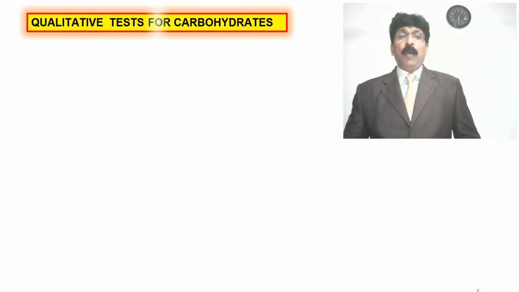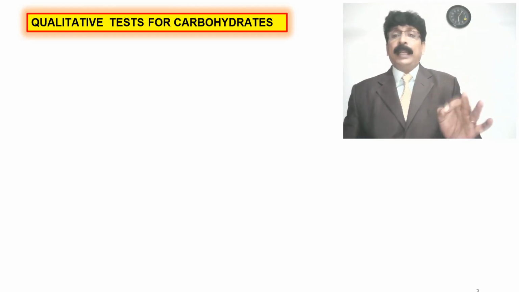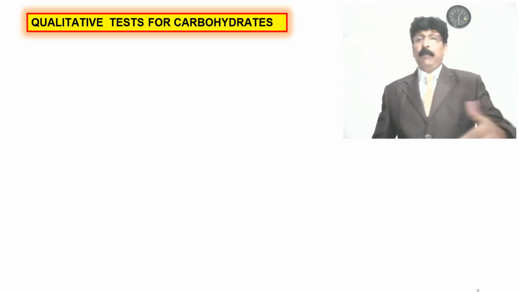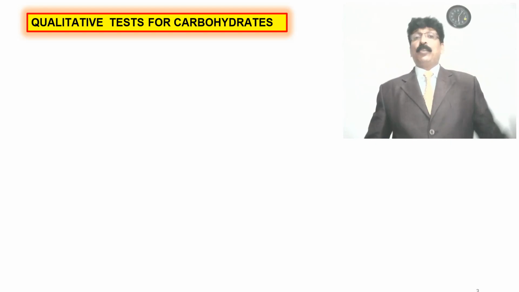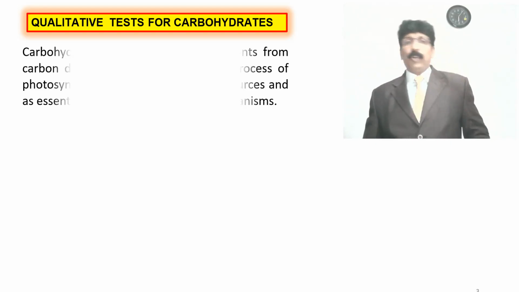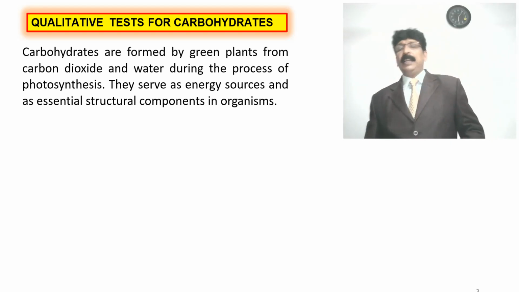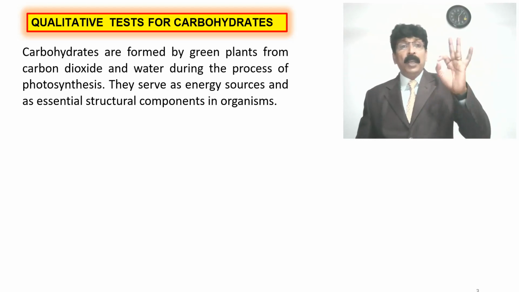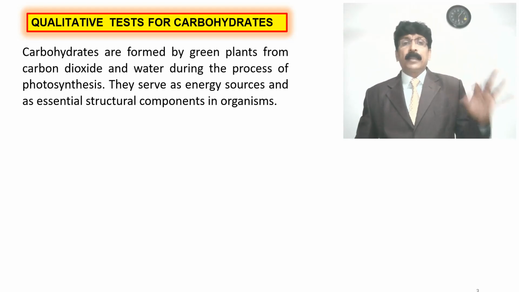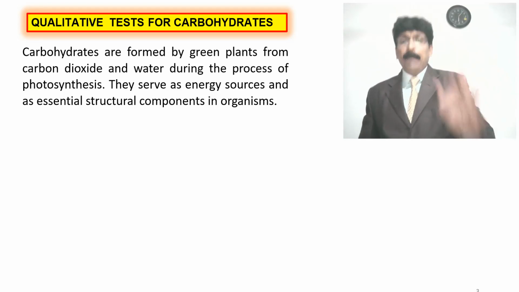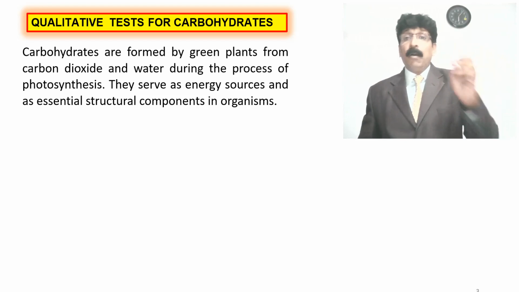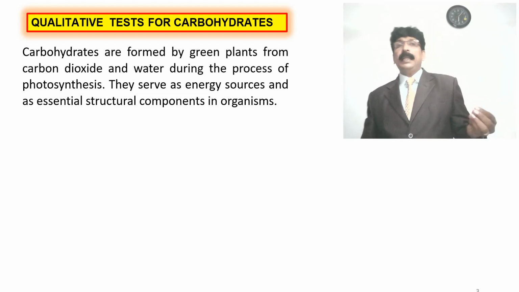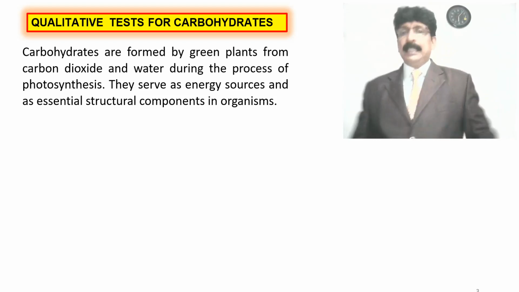Now first we will start with the qualitative test for carbohydrates. Everybody might have studied this in most classes, including biochemistry. Carbohydrates are formed by green plants from carbon dioxide and water during photosynthesis.